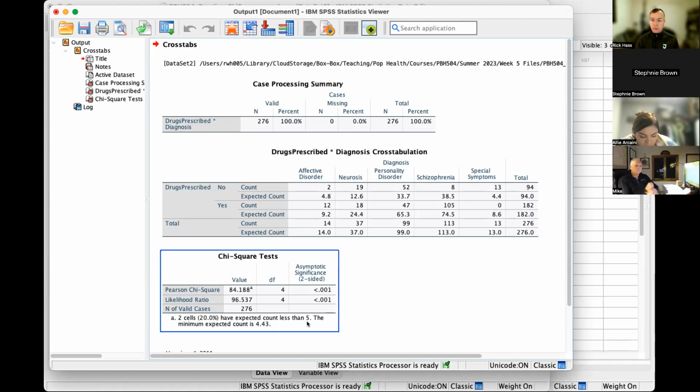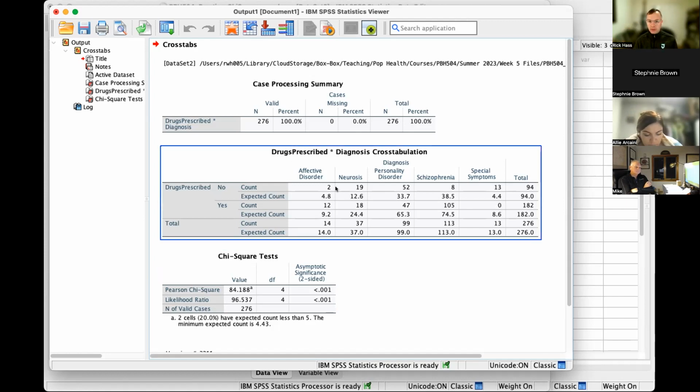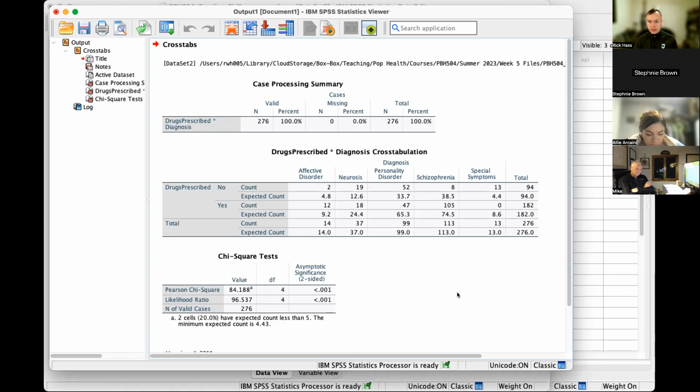We've got 1 or more, in this case 2 cells in our table with low expected counts. It's not the observed counts. It's okay that we have a 0 and a 2. That's fine. It's the expected counts that need to be greater than or equal to 5. When they're not, the p-value can't be trusted.